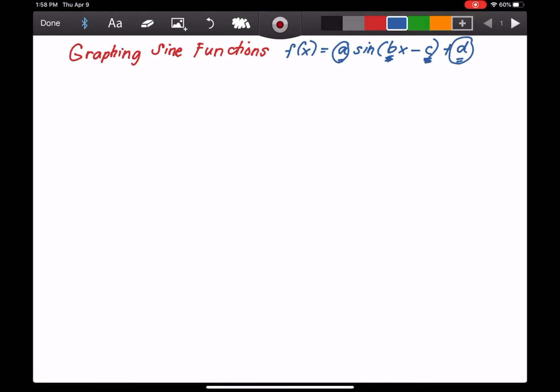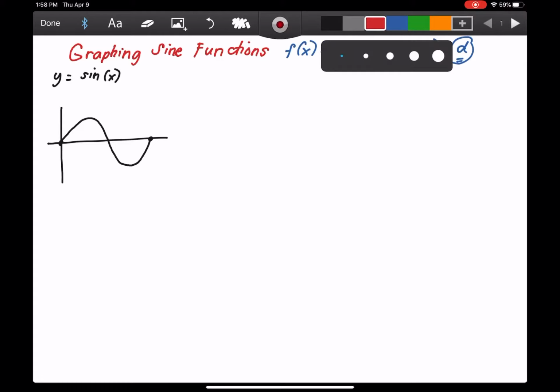Okay, so let's just try to recall the parent function, which is y equals sine of x or sine x. We know that the graph starts at 0 and ends at 2 pi, from 0 to 2 pi.